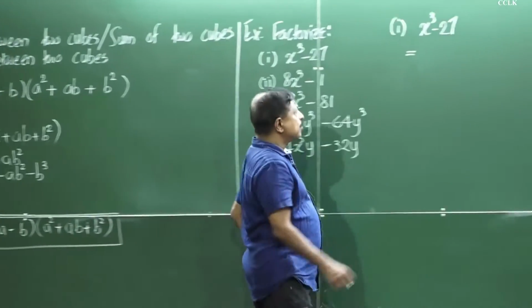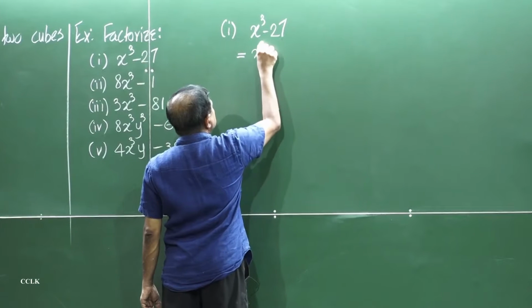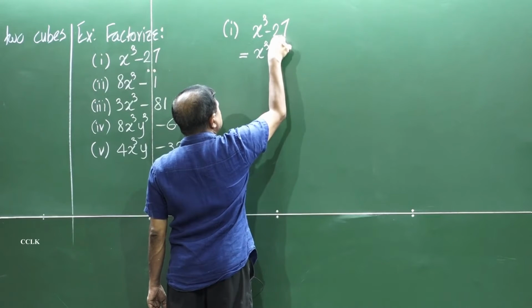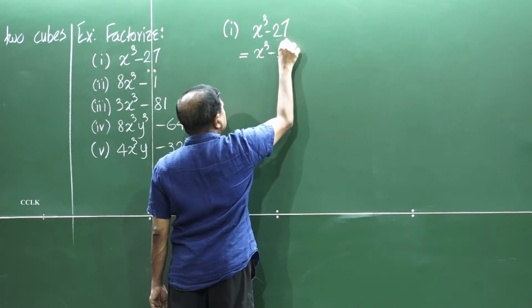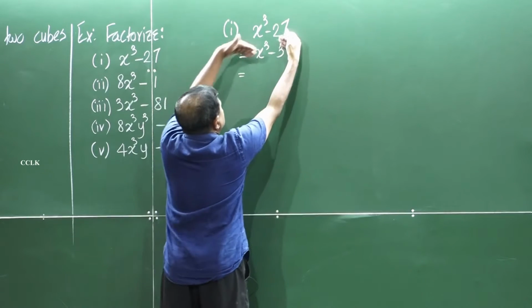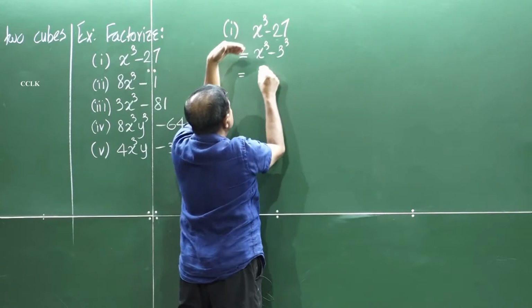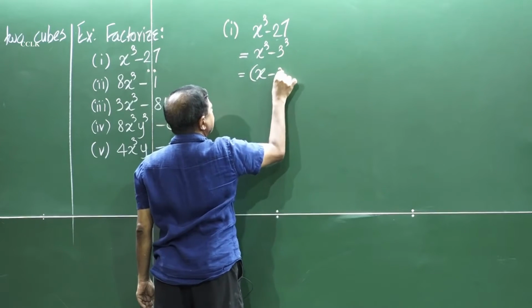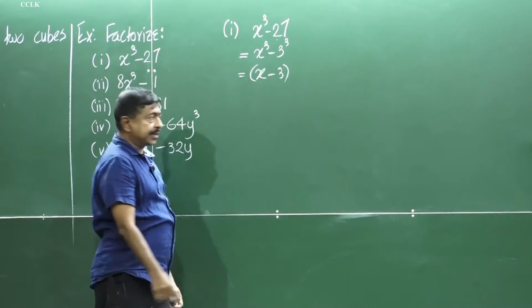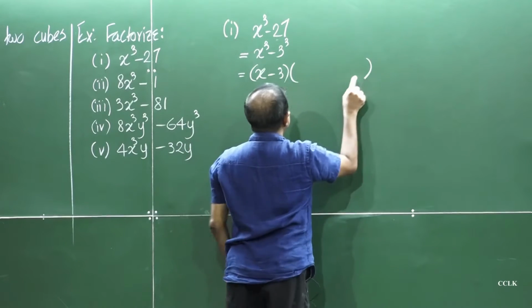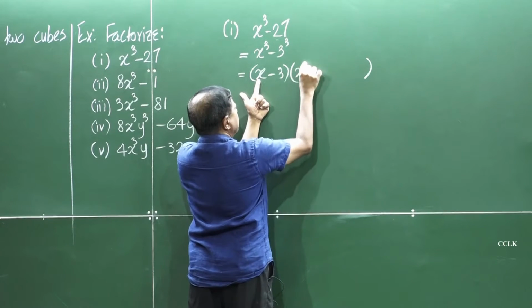Now, here you can write it as, 3 times 3 times 3 is 27. So 3 cube. Close this. What you see is x minus 3. Now generate the other factor. Square this.